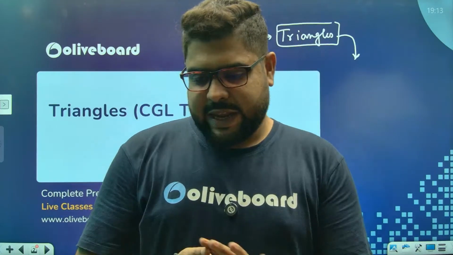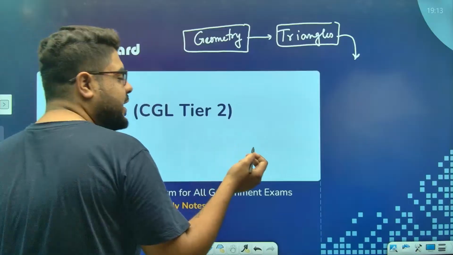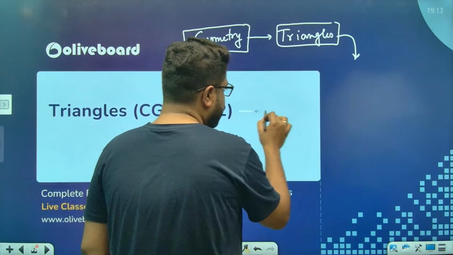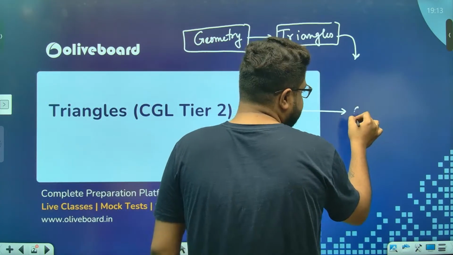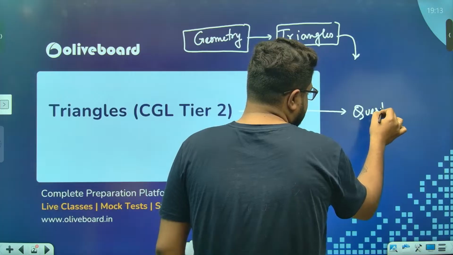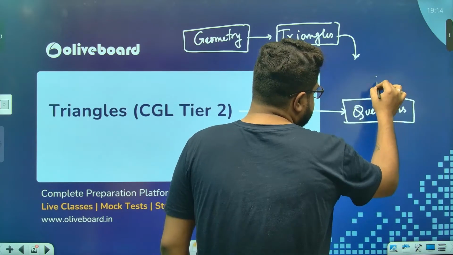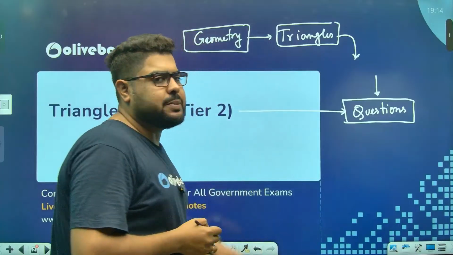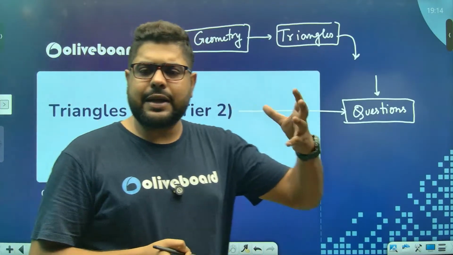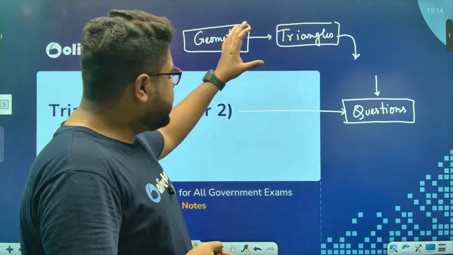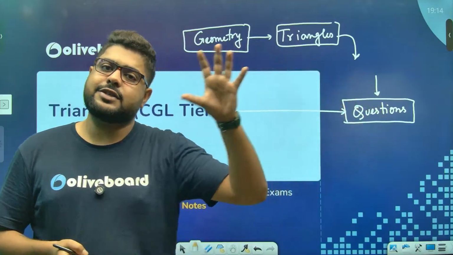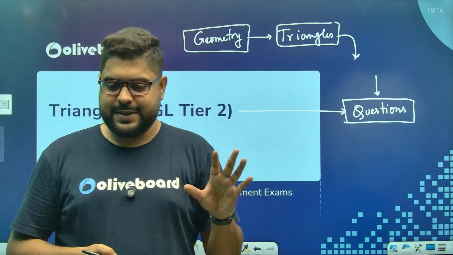As this is the practice batch, I'll give you questions. Geometry is one part from where CGL generally gives you tricky questions, if they want.